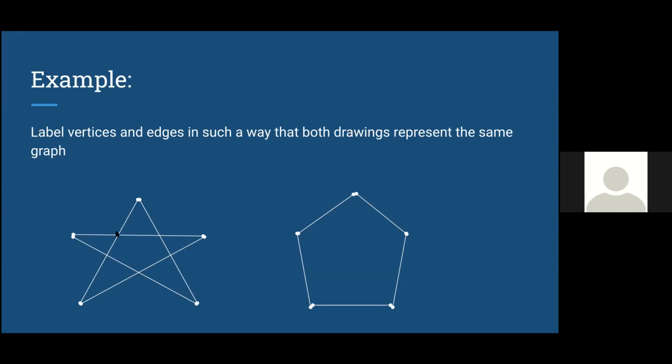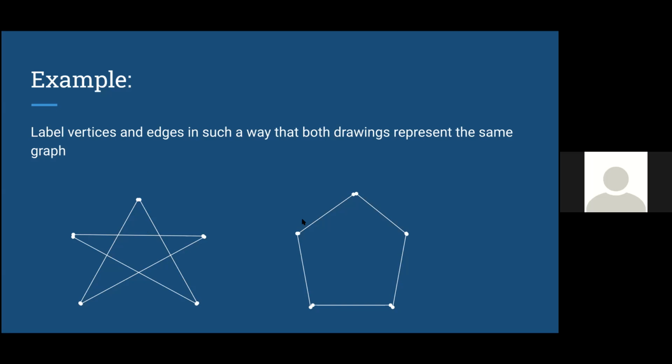So for one line on, say, the star shape, one of the line segments is E1 and has vertices V1 and V2. Then you want to make sure that on the second graph, edge E1 still has vertices V1 and V2.